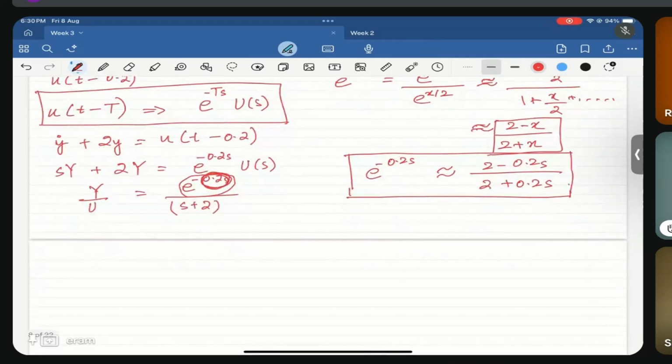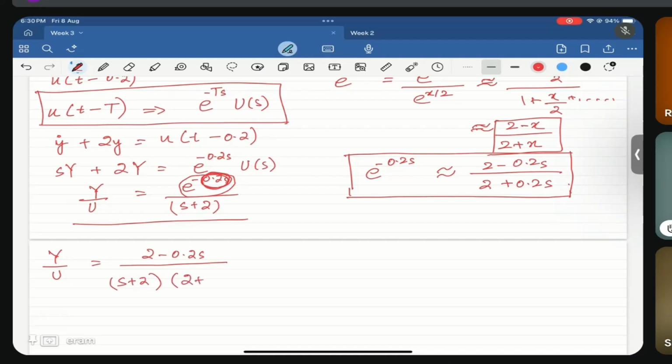So we have Y by U given like this. So Y by U, we can write as 2 minus 0.2s divided by s plus 2 and 2 plus 0.2s. We can simplify it by taking 10 as common.